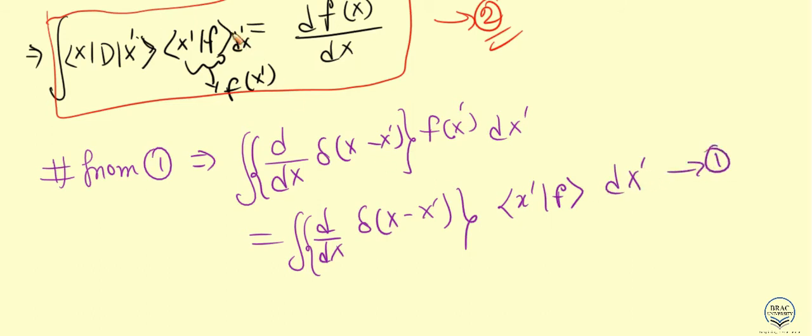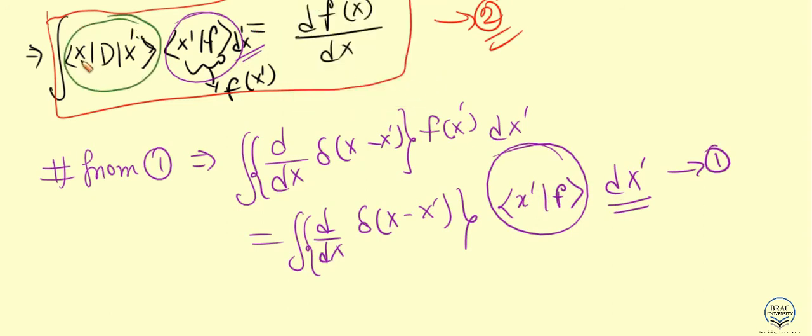Now if you just compare these two, both of them have this projection of f along the x prime basis. Both of them have this integration measure dx prime, and finally you can see that this matrix element, that is x dx prime, and there is this ddx of delta x minus x prime.